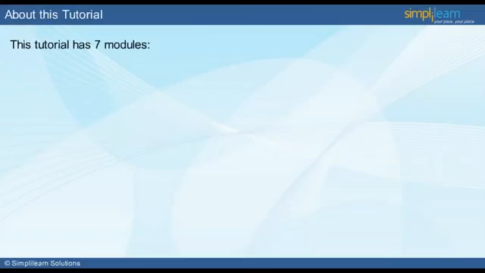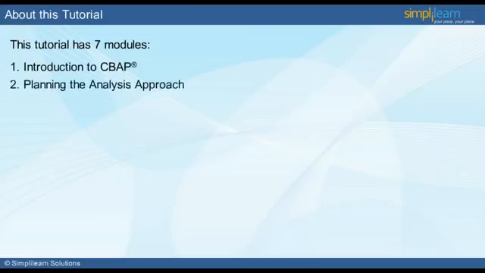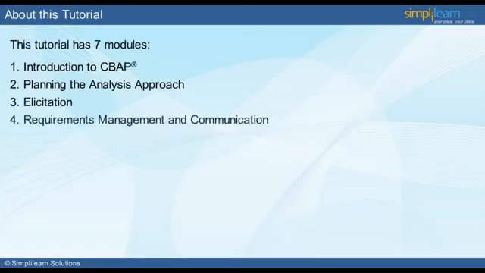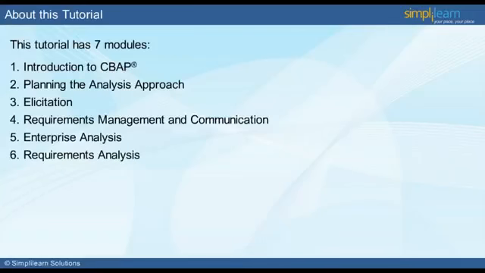This course is categorized into 7 modules. The first module will introduce us to CBAP. In the second module, we will find out how to plan the analysis approach. Elicitation is dealt with in detail in the third module. The fourth module is on requirements management and communication. Enterprise and requirements analysis cover the fifth and sixth modules, respectively.